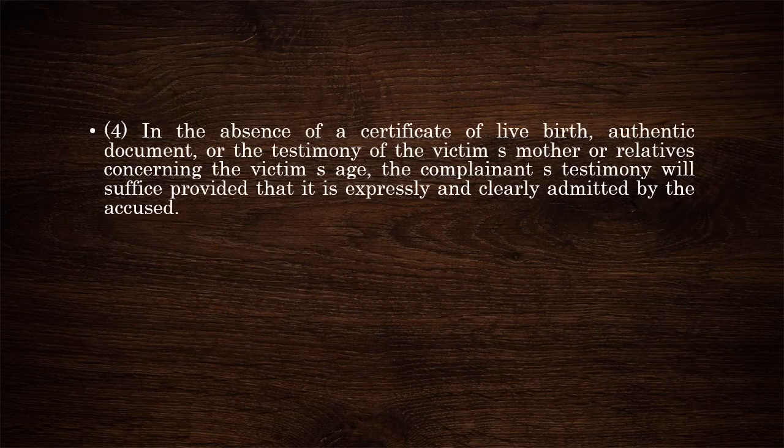Number four, in the absence of a certificate of live birth, authentic document, or the testimony of the victim's mother or relatives concerning the victim's age, the complainant's testimony will suffice provided it is expressly and clearly admitted by the accused.